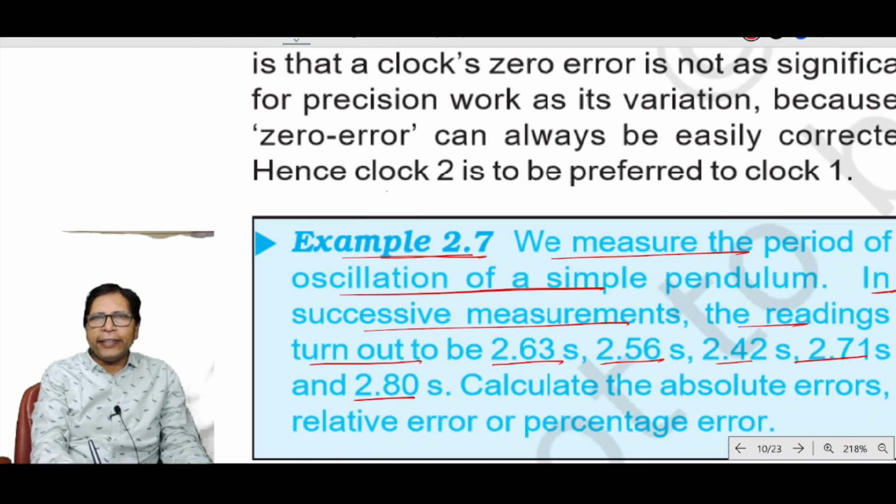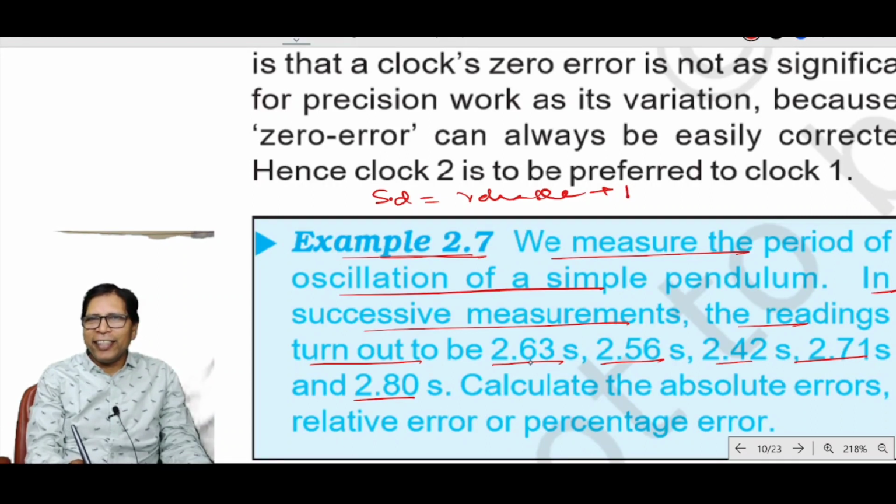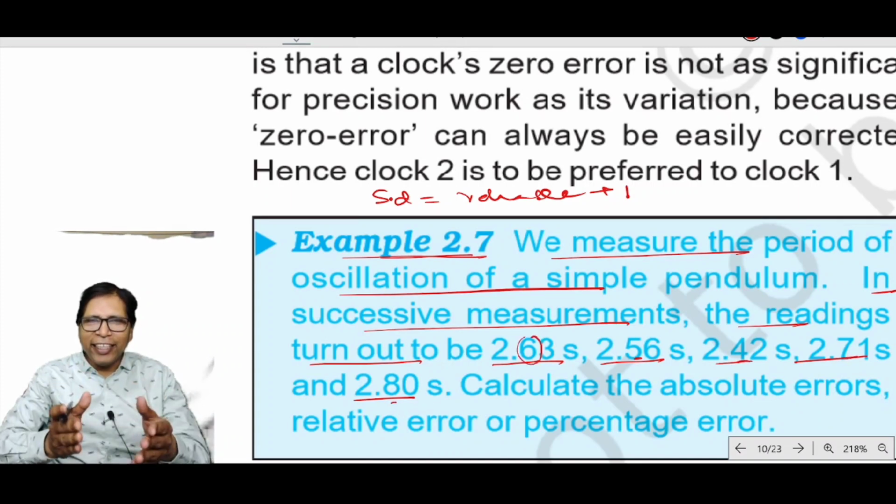Now look at this, significant digits equal reliable digits plus one uncertain digit. Look at this, here 6, 5, 4, 7, 8. So the second digit is unreliable.